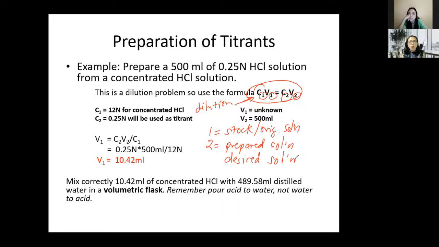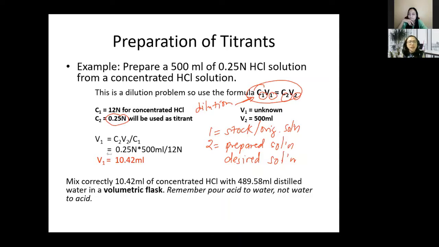So kunwari, you want to prepare 0.3 lang na titrant. So yung C2 mo hindi 0.25, pwedeng 0.23. Or baka yung ine-expect mo na ang sample mo maliit lang siya masyado. So kailangan yung volume, for example, or yung concentration na gusto mong i-prepare, siguro nasa 0.01 normal. So depende yon sa demand ng iyong analysis.